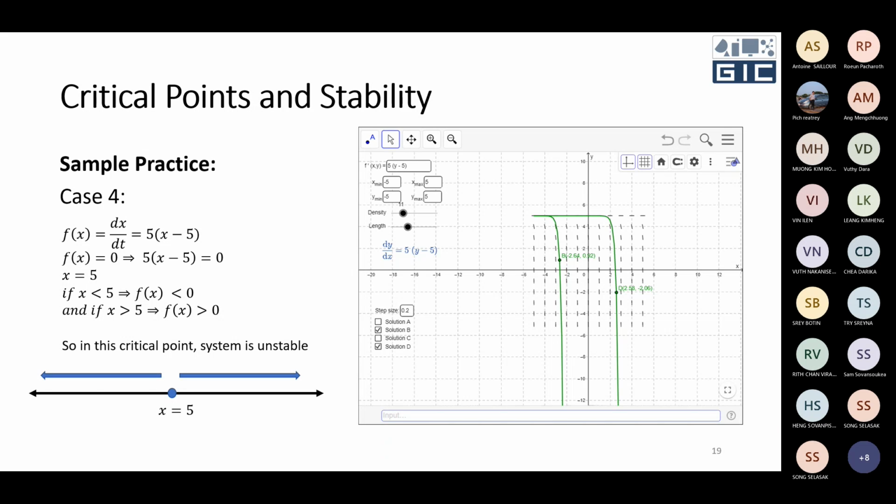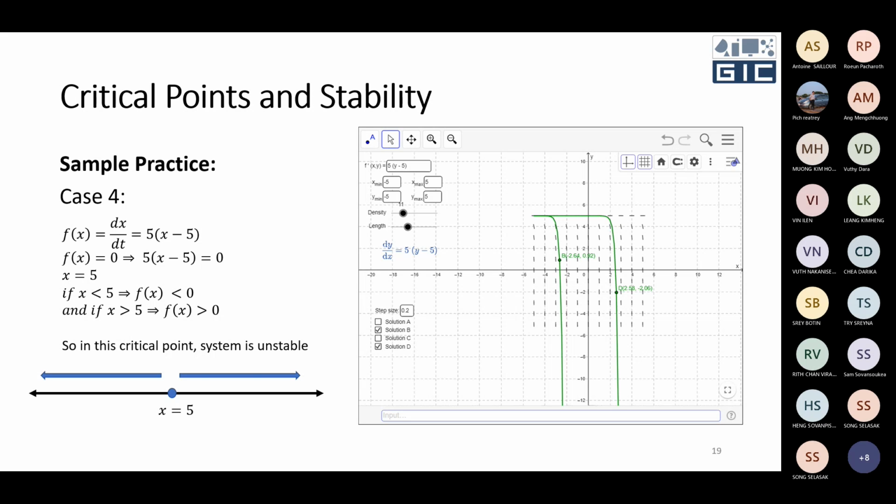Okay, let's see the example here. If you ask me, teacher, what system can be represented by the differential equation 5 multiplied by x minus 5? It is just an example. The real system is not as easy as that. Some systems can be differential equations with exponentials, with convolution, with integration.